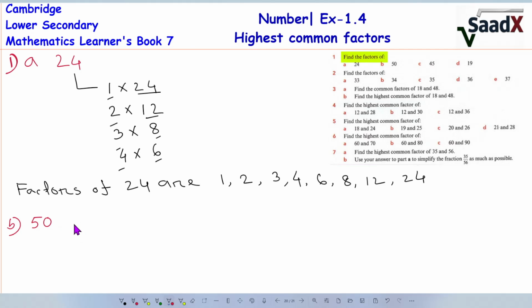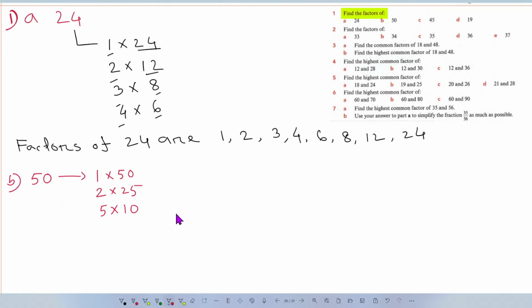50, we can write 1 times 50, then 2 times 25, 3 is not possible, 4 not possible, 5 is possible, 5 times 10, then 6, 7, 8, 9 not possible, 10 done. Up to 25 we cannot find anything.